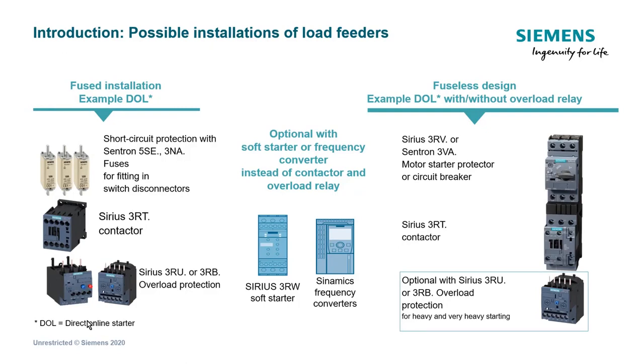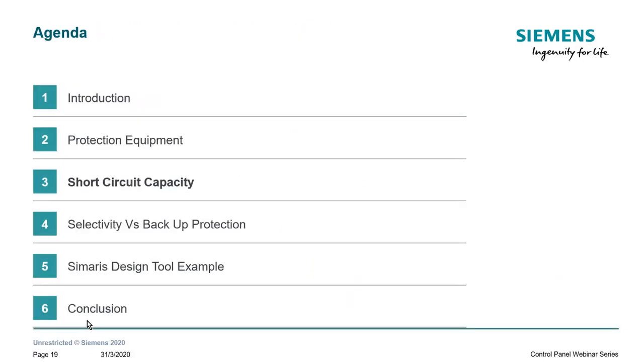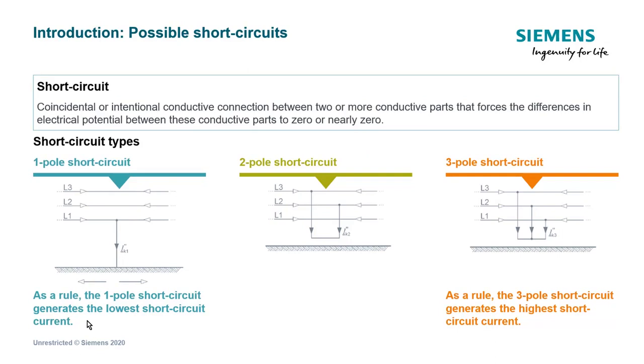The difference between them, as you can see, is that one is based on fuses, and the other one is based on MSPs, motor starter protectors, in Siemens Sirius 3RV or Sentron 3VA. Also, depending, you may have soft starters or frequency converters instead of the contactor. Here, of course, it will depend whether or not you need the availability of these products after the short circuit. Then the fuses are most often used.